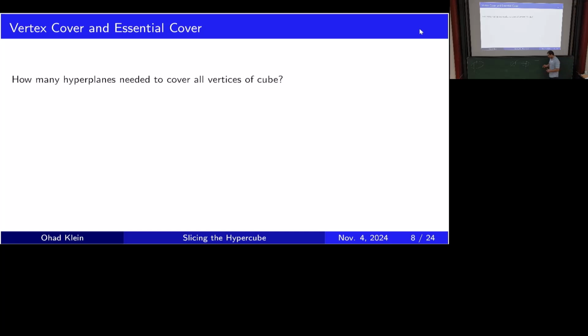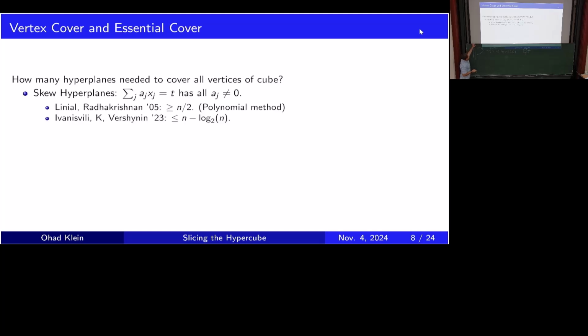Yeah, we only need two hyperplanes. Okay, so you can have h1 equals x1 equals 0, and h2 is x1 equals 1. So this is not a very interesting problem.